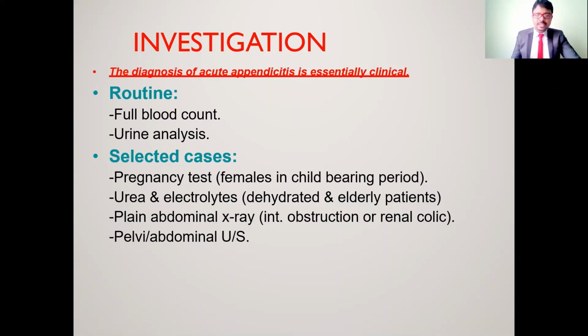Coming to the special investigation procedures, we also have to do the pregnancy test. Just now we discussed in the differential diagnosis that females who are pregnant may also get appendicitis. In case of an ectopic pregnancy, it may also mimic appendicitis.